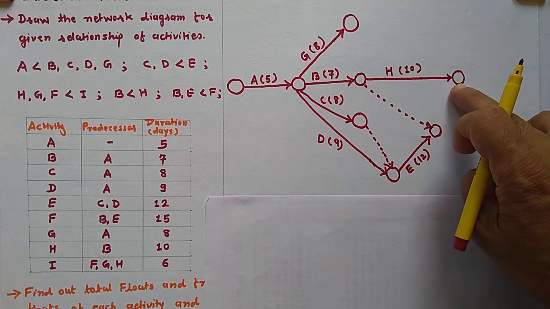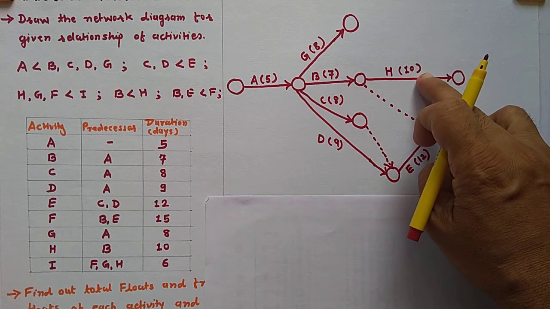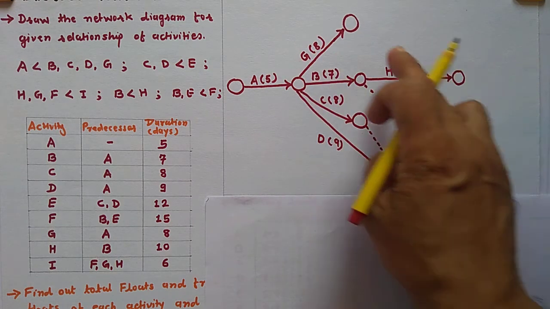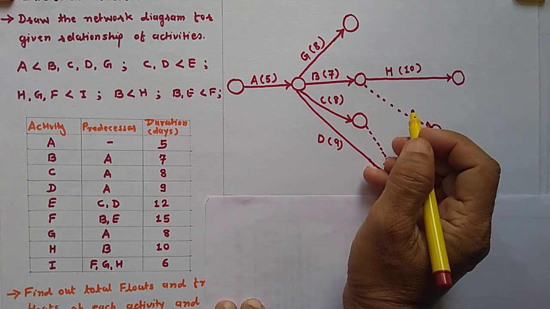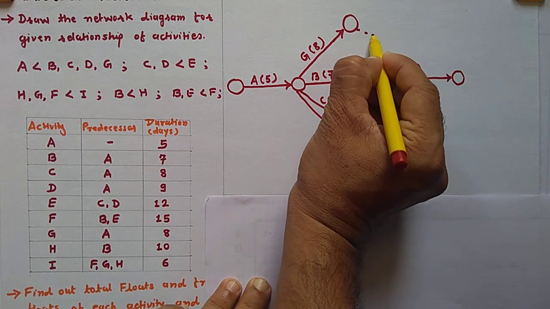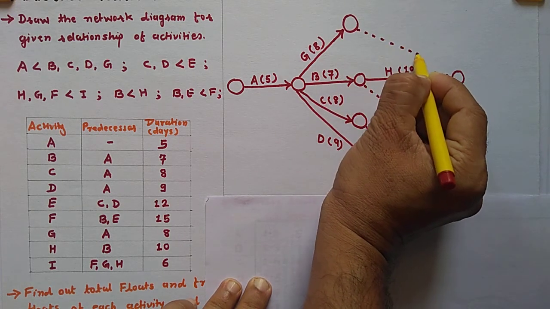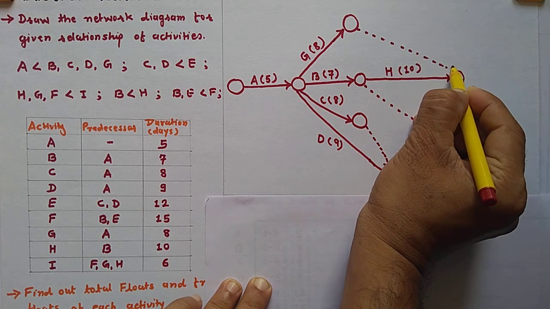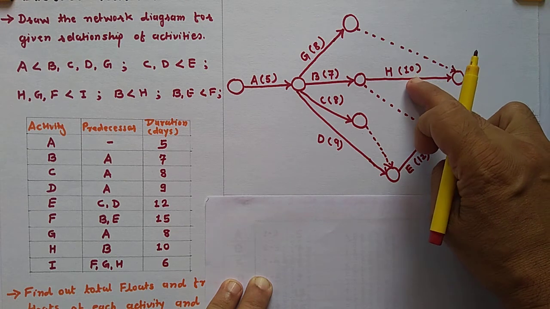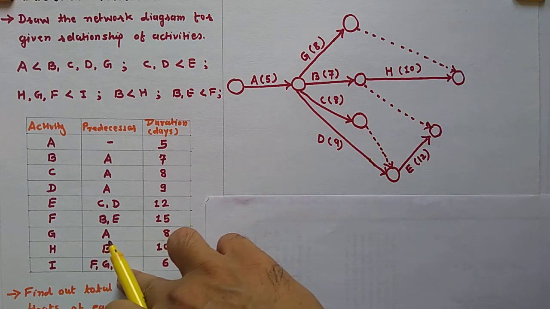Here we have to draw F, this is H, and G will merge into one event. G will be merged by a dummy activity, so we draw the dummy activity over here and join this line.